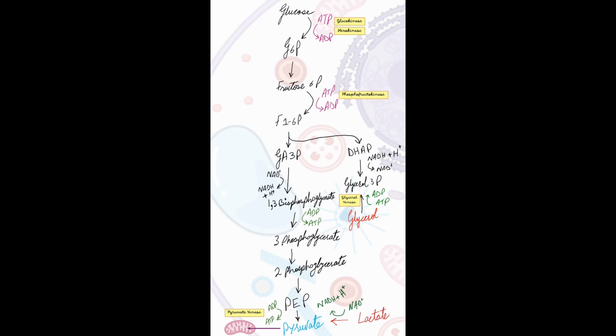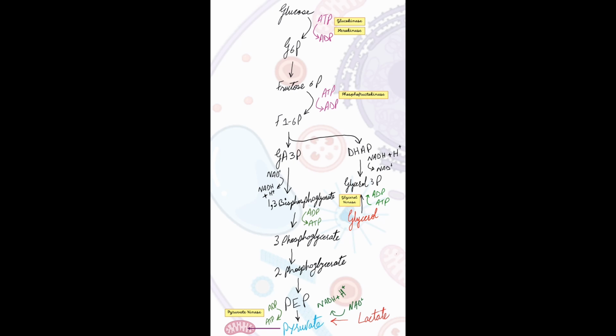The 1,3-bisphosphoglycerate will be converted into 3-phosphoglycerate. So remember, these are 3-carbon compounds, so they are in two copies, right? So 2 ATP will be generated here, and then 3-phosphoglycerate will be converted into 2-phosphoglycerate, and from there into phosphoenolpyruvate, which is also commonly known as PEP.